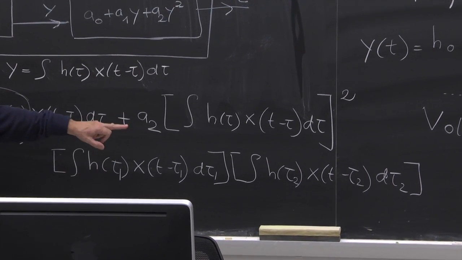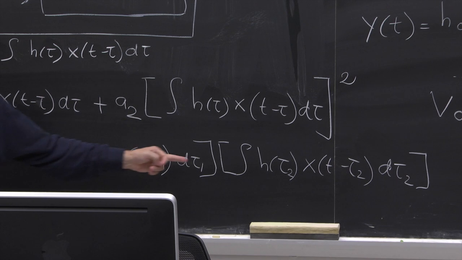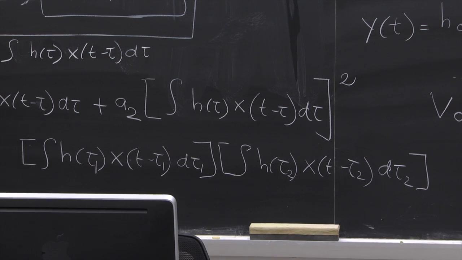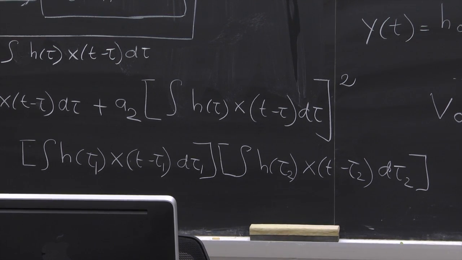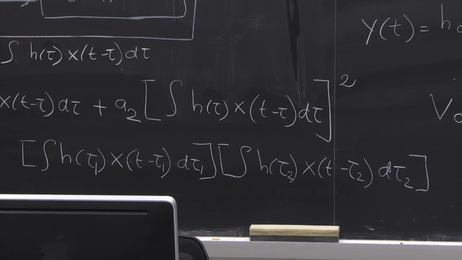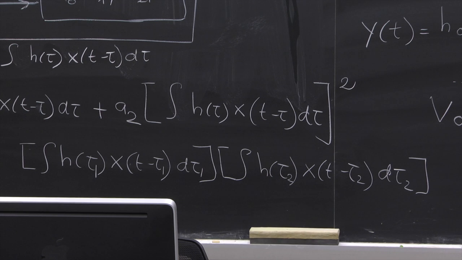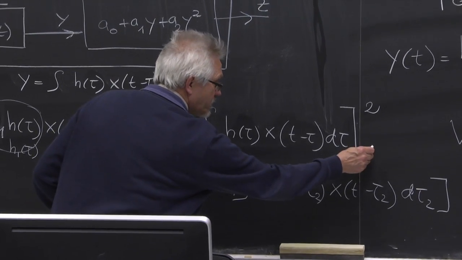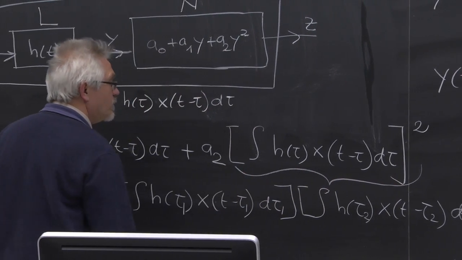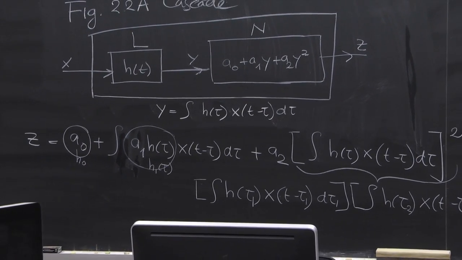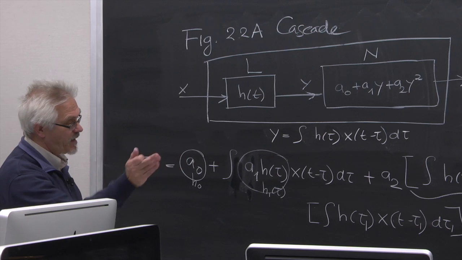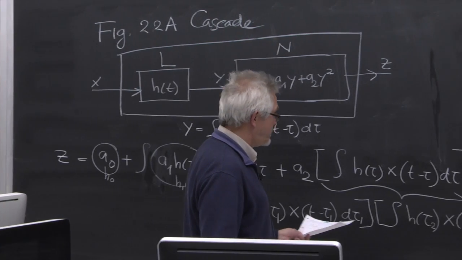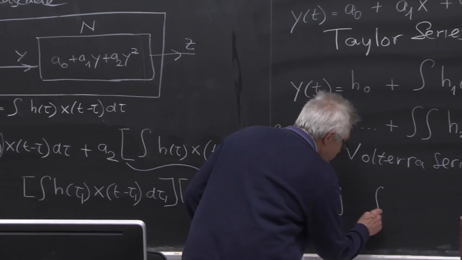And I'm just changing the dummy variable tau into tau 1 in the first factor and tau 2 in the second factor. Since it's an integral, I can use any dummy variable that I like. And I just rewrote this part now. The part in between brackets is now, instead of a quadratic expression, expanded. And then this part I can now write as a double integral.